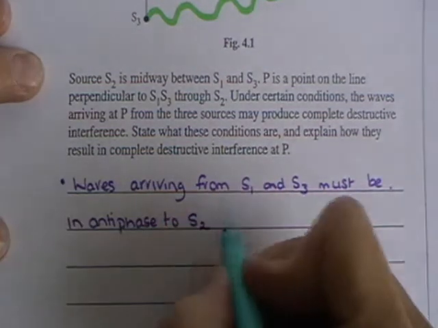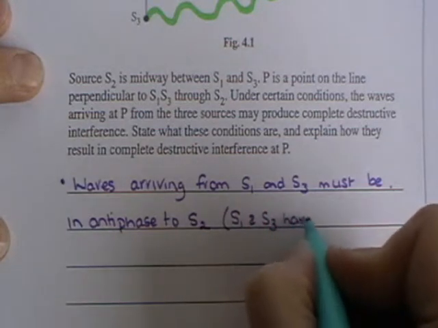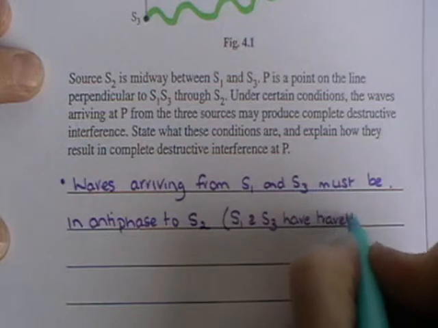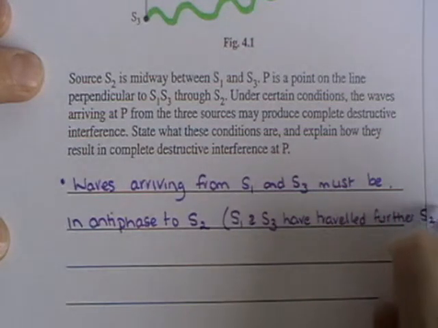And that works because S1 and S3 have travelled further than the waves arriving from S2.